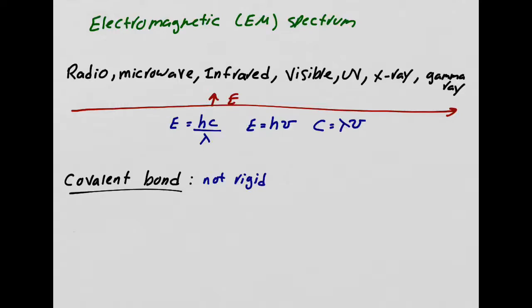It is constantly vibrating in various modes. It's stretching and bending. It's very active. That's the way I look at it. So the covalent bond is not rigid; it's constantly moving, stretching, and bending.